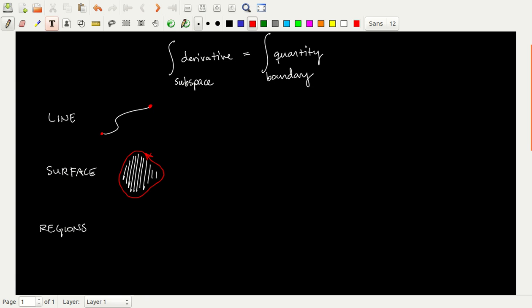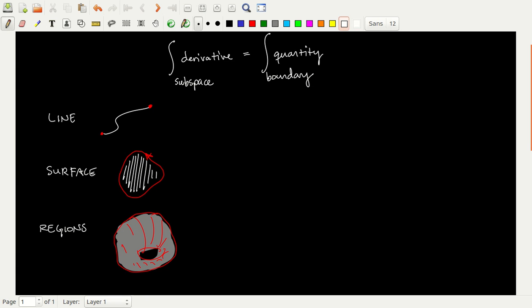And the boundary of a region, let's give it some topology here, is the surface around it. That looks appropriately like a surface.